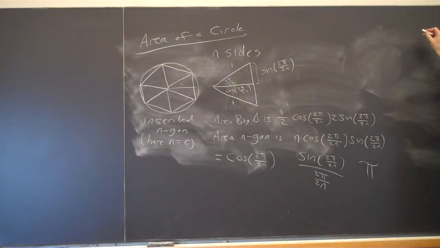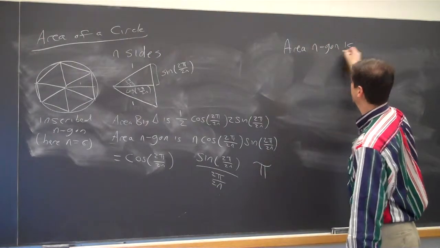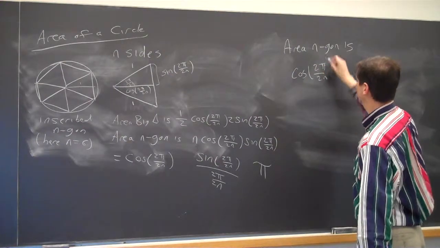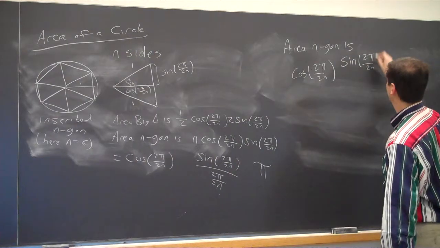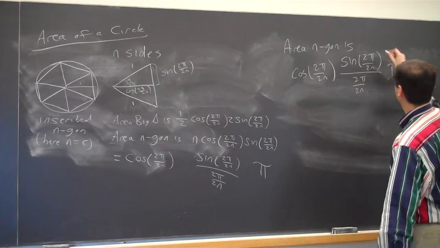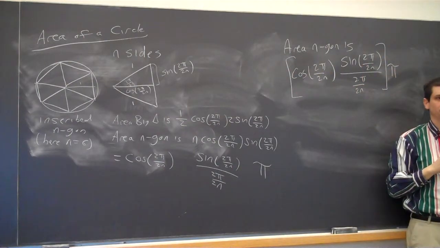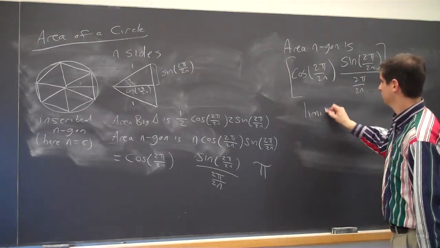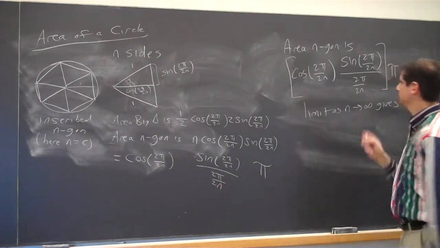Can you move the camera just a bit? So now the area of the n-gon is cosine of 2 pi over 2n times sine of 2 pi over 2n over 2 pi over 2n, times pi. We now take the limit as n goes to infinity. And what do we get?